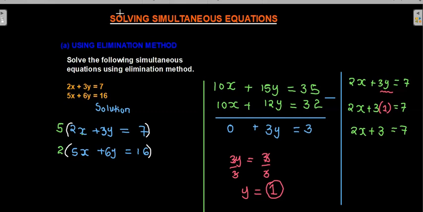Next, we can take this to the other side of the equal sign. Remember, it's positive, it will turn to be negative, so we shall have 2x equals 7 minus 3. Always be very, very careful with the negative signs.